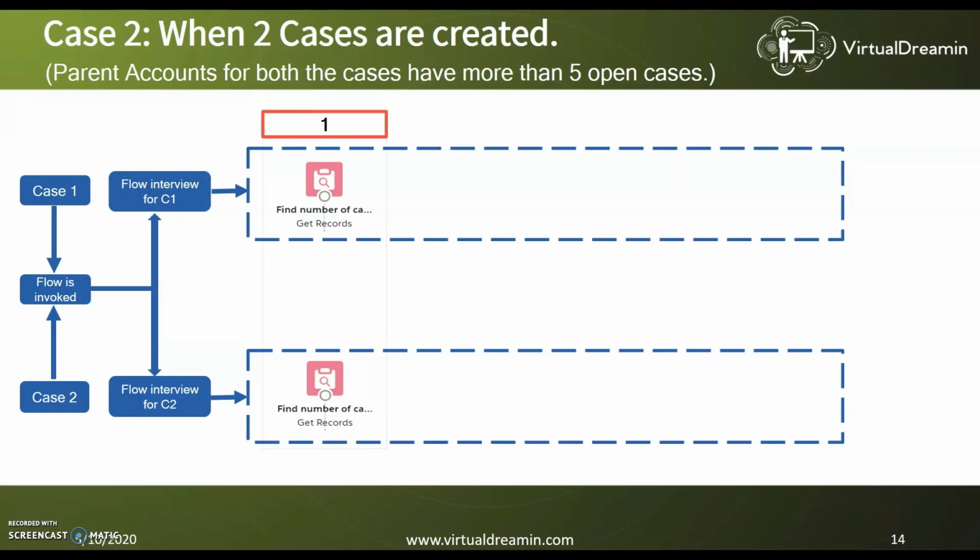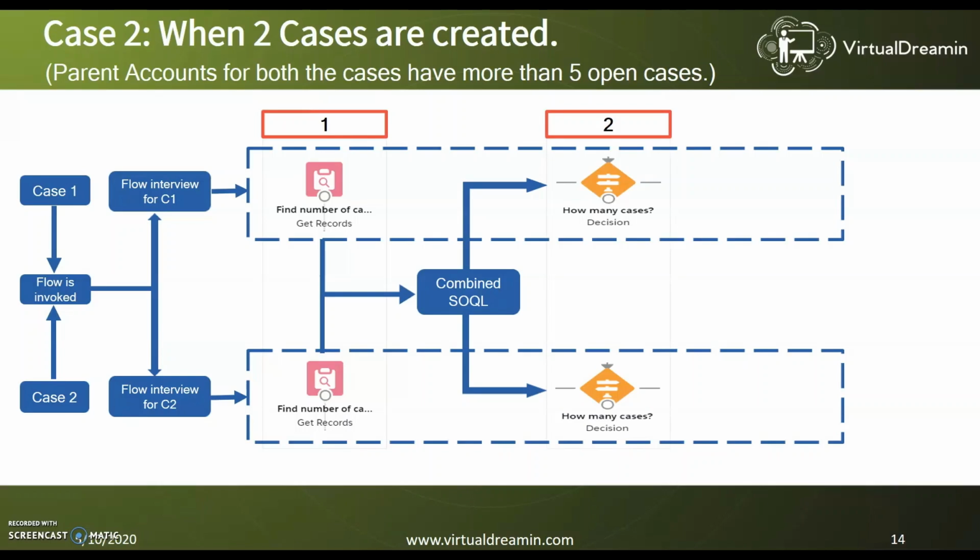What is going to happen is, instead of doing 2 separate queries, it is going to do a combined SOQL query, and after getting all the results, it's going to pass all the corresponding results back to the flow interviews of case 1 and case 2.